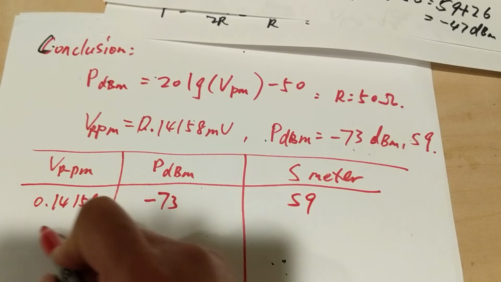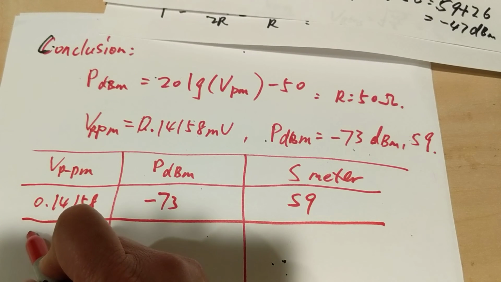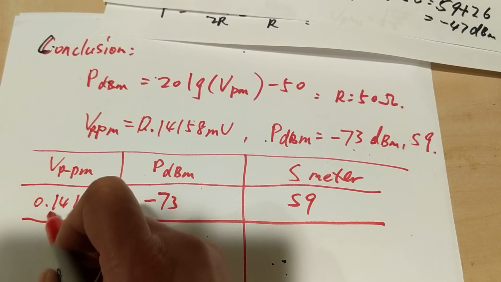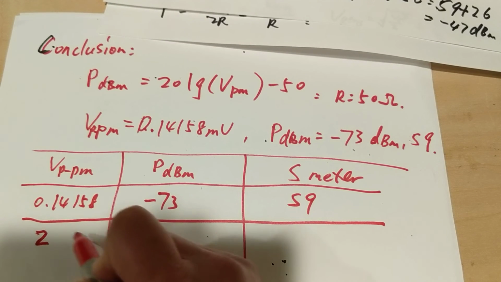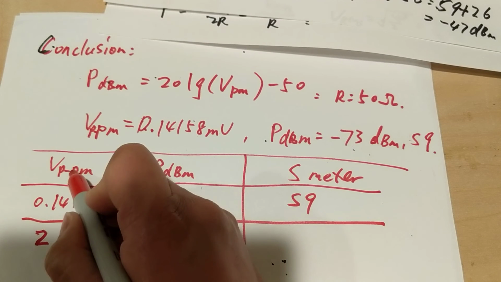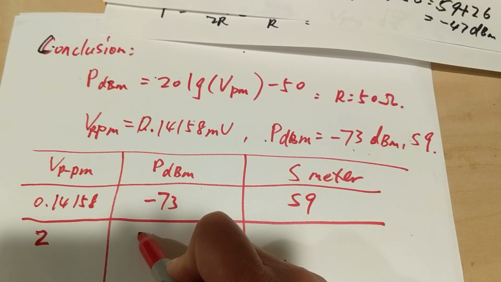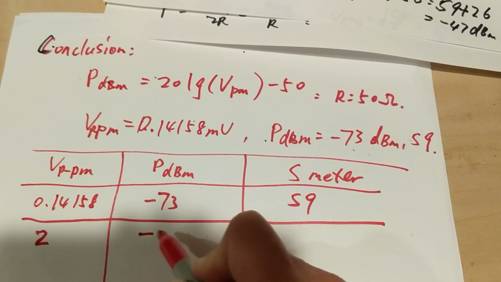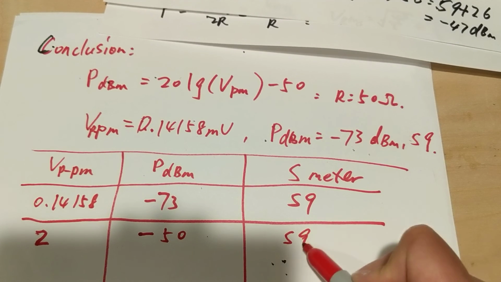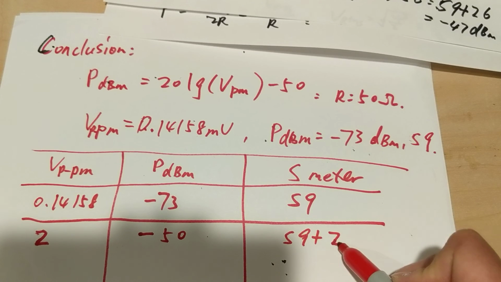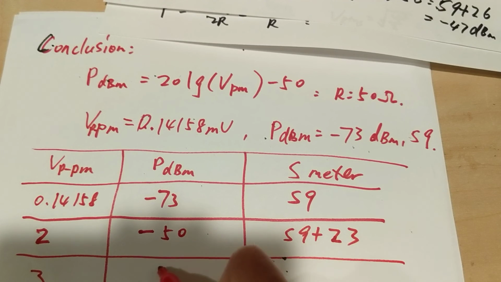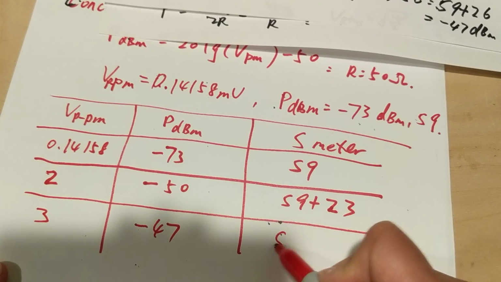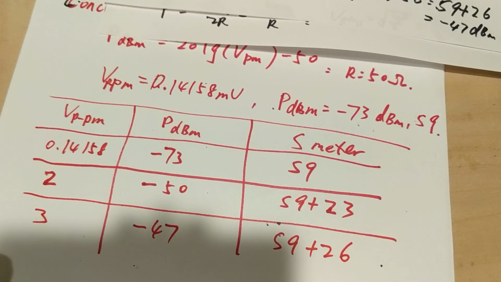For 0.14158 millivolts, I get minus 73 dBm, and the S meter is S9. If I shoot 2 P2P, I get minus 50, which is S9 plus 23. And if I send 3 P2P, I get minus 47, and it's S9 plus 26.